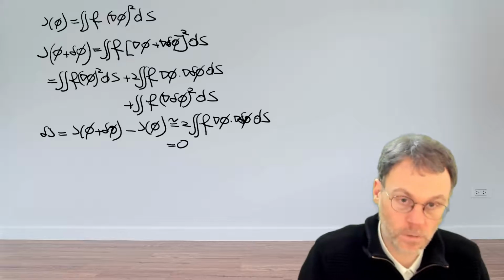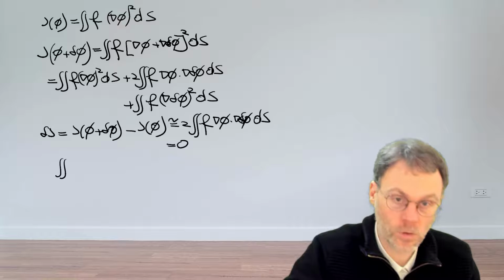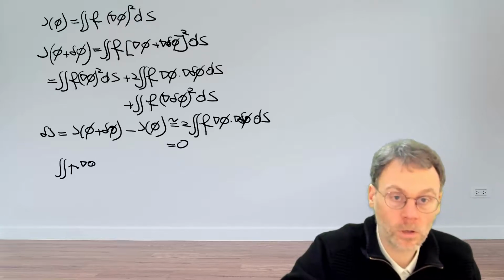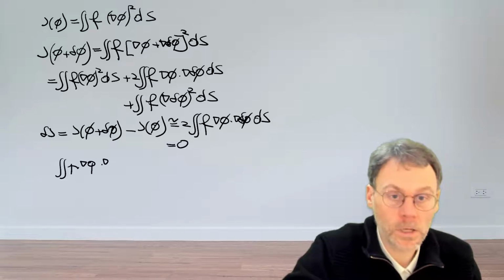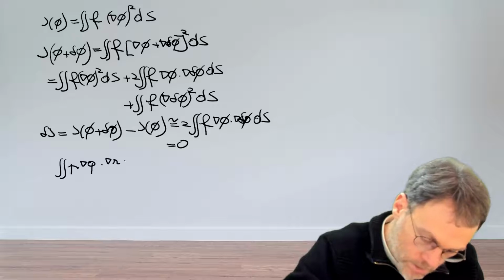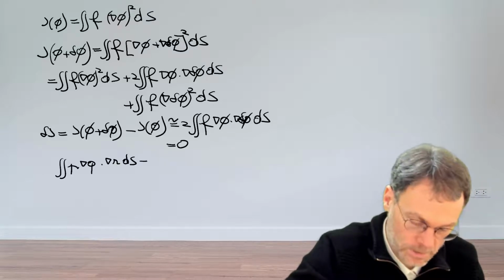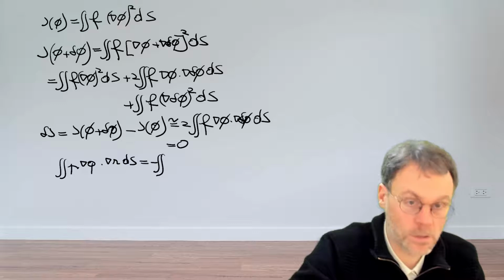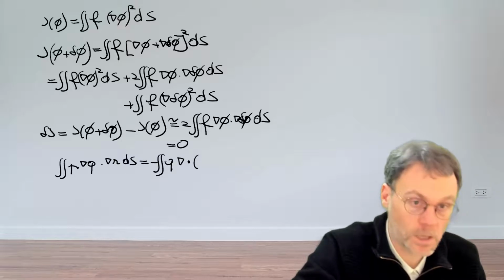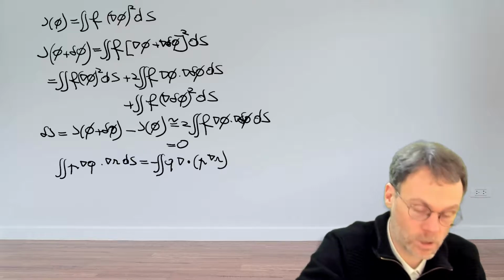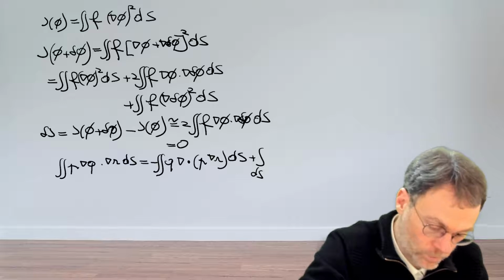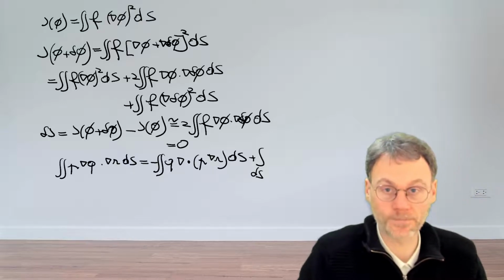So let's copy the formula that we're supposed to use. So it's the integral of P, and then we have gradient Q, gradient R ds, and that's equal to minus the integral of Q, we have a divergence, and then we have P gradient R ds, and then we have some terms over the boundary delta s.